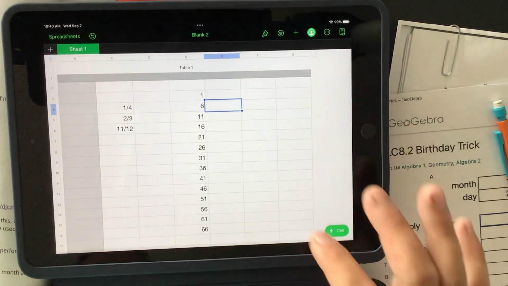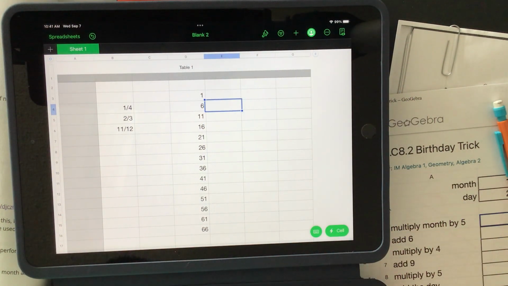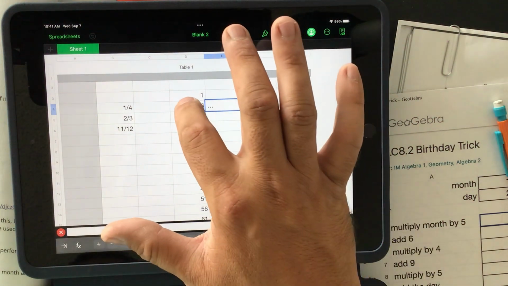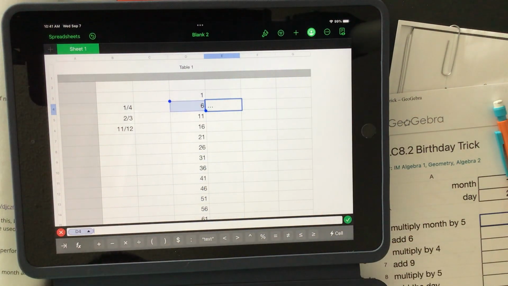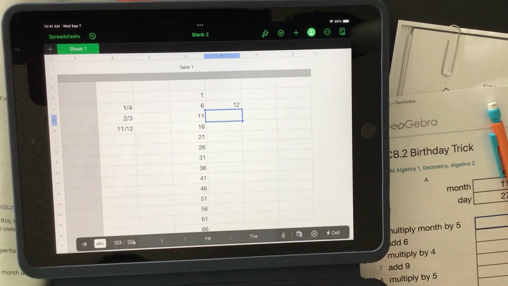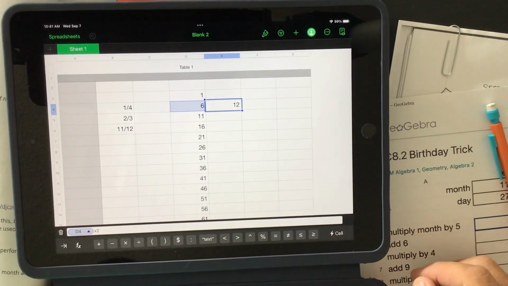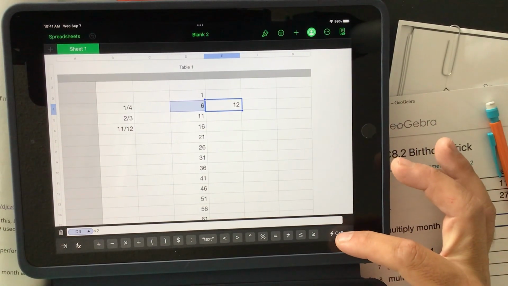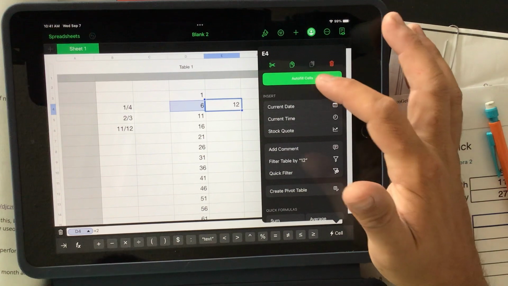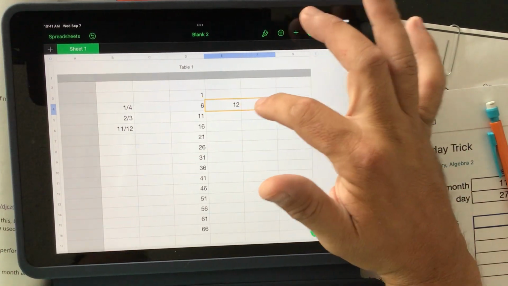You can do the same thing the other way. Let's say next to the 6 I do equals 6 times 2, again, whatever cell the 6 is in. Obviously 6 times 2 is 12. I'm going to hit Cell, Autofill, and let's say I want to go this way.